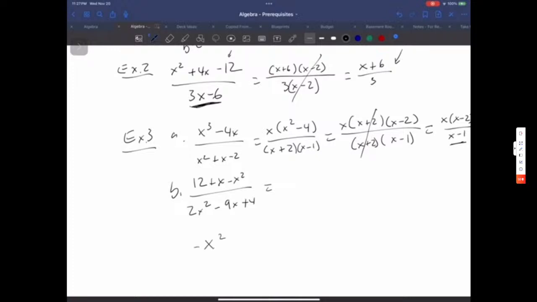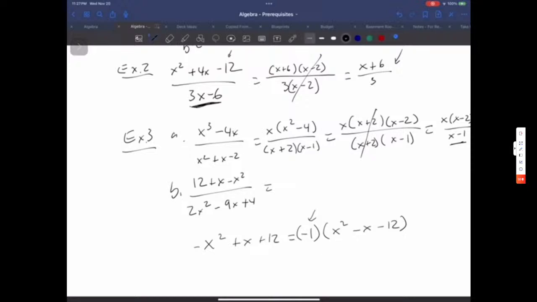Minus x squared plus x plus 12 is going to be the same thing as minus 1 times positive x squared minus x minus 12. So if we can solve this and then distribute the minus 1 through one of the answers, you'll get the answer.